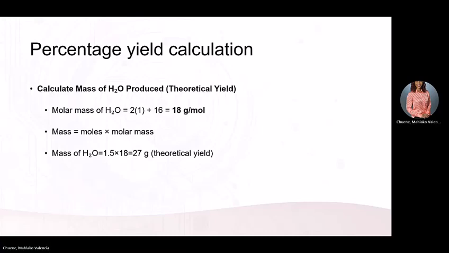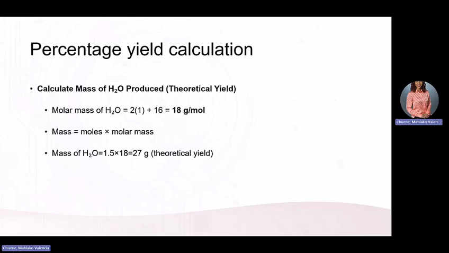So the theoretical yield for the mass is going to be 1.5 moles times 18 grams per mole. Obviously the moles and the per mole cancel each other out, and we are left with 27 grams. So this is the theoretical yield. This is how much water we expect to produce given these reactants.